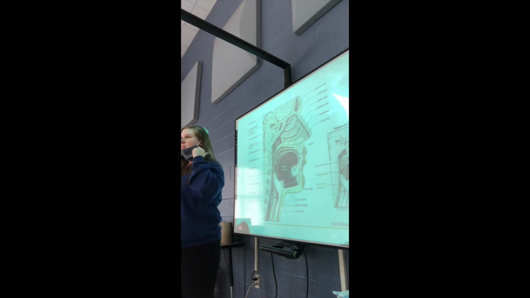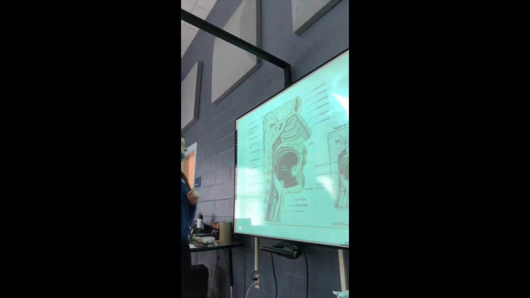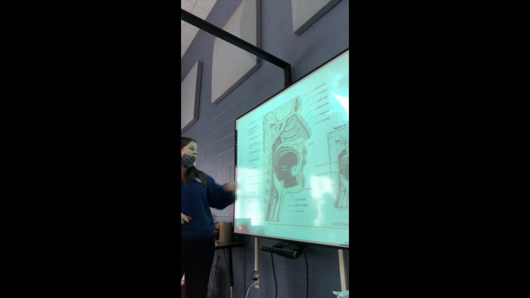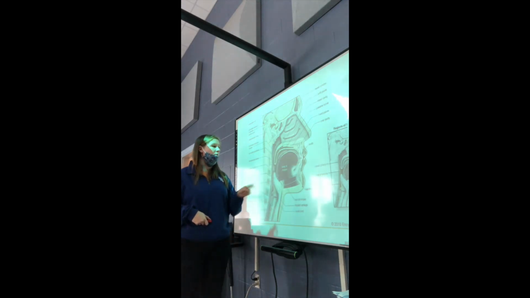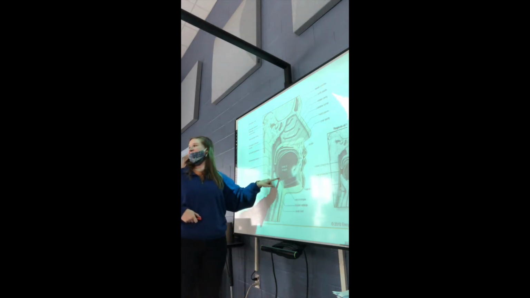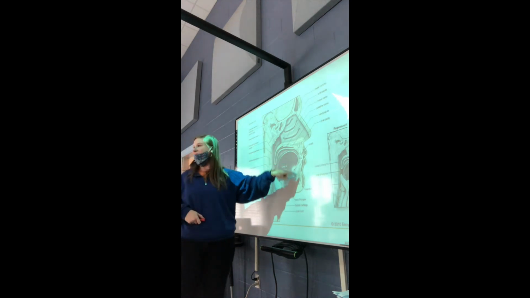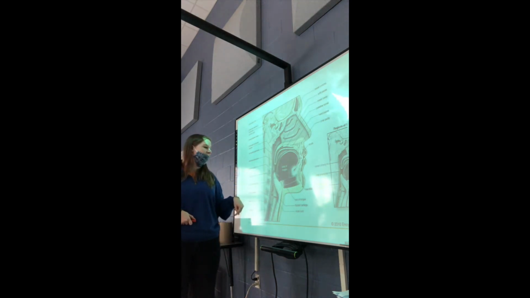Then you go down here, and there's your epiglottis again, esophagus, soft palate, hard palate, teeth, and this giant tongue here. It's insane, right? You probably didn't even realize that.